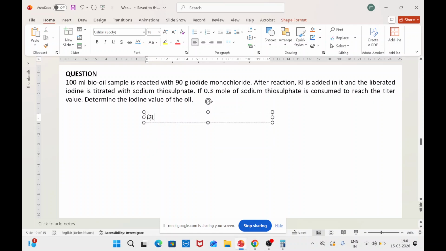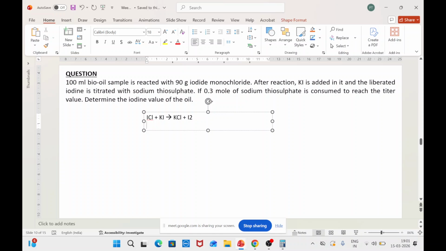ICl reacts with KI to form KCl and liberates iodine, I2.